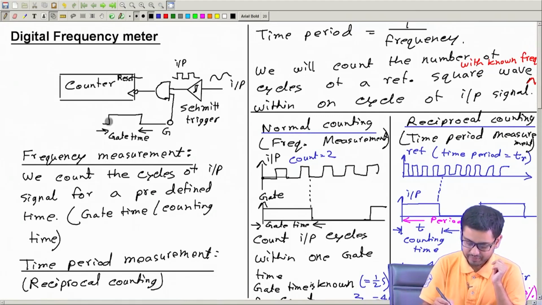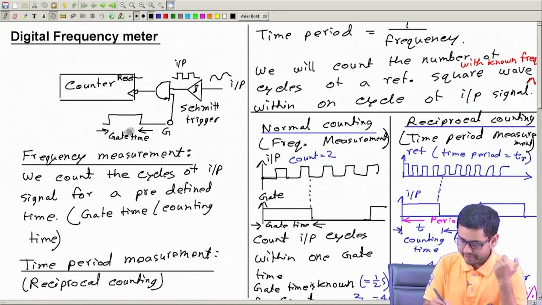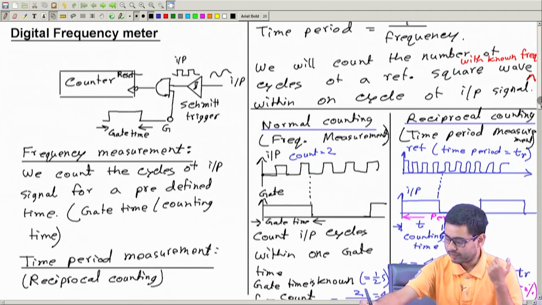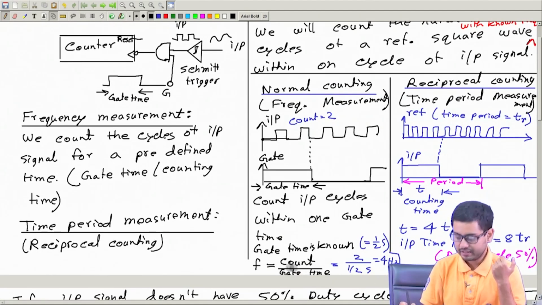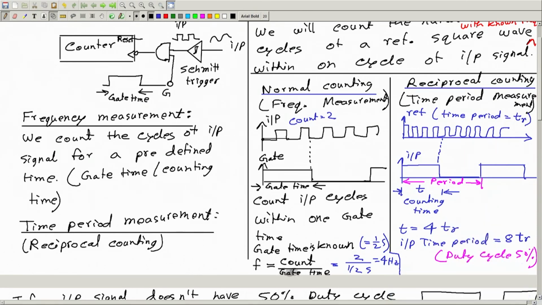Consider normal counting only. So, we measure the number of input cycles within one gate time, and this gate time is known to us, right. We need to know this gate time. But say if we do not know this gate time precisely, then what will happen? We are measuring frequency with this expression, count by gate time, number of cycles by gate time. But if gate time is not known precisely, say we know this gate time to be half second, but it is actually 0.49 second, in that case, we will have an error, right.